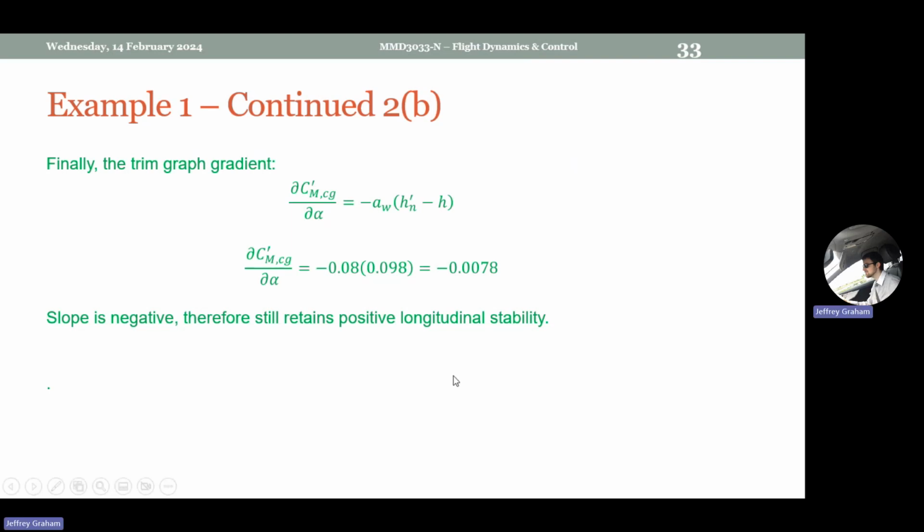First thing I'm going to do is, numbers-wise, the stick-free moment at 0 degrees absolute angle of attack, or CMO.